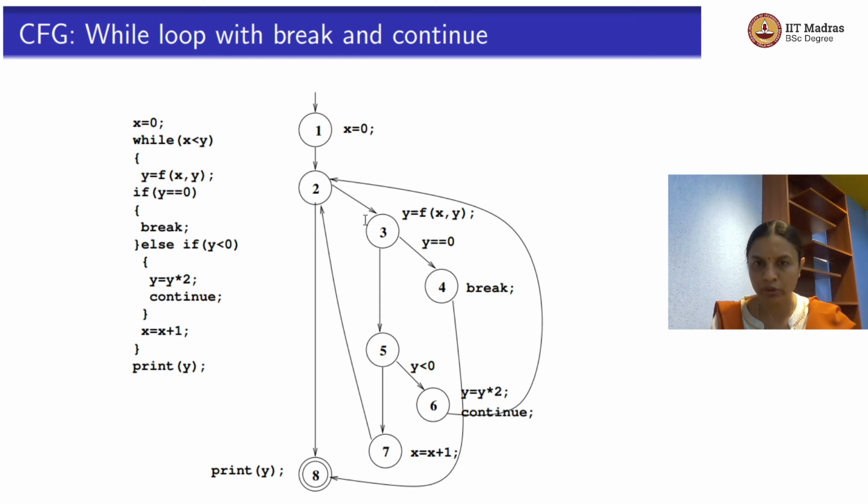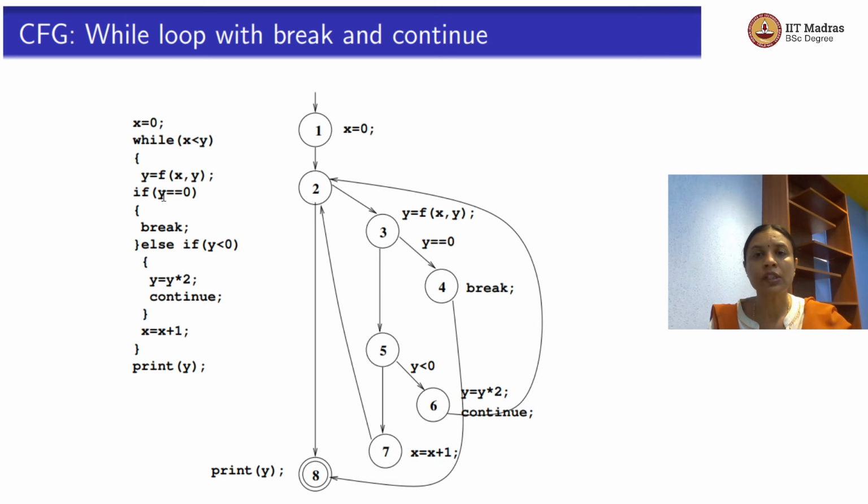It goes to node 3 where y is equal to f of x y. f of x y is called and the return value is assigned to y, and it is also checked whether y is equal to 0. So node 3 represents one statement that clubs these two basic blocks: y is equal to f of x y and if y is equal to 0.